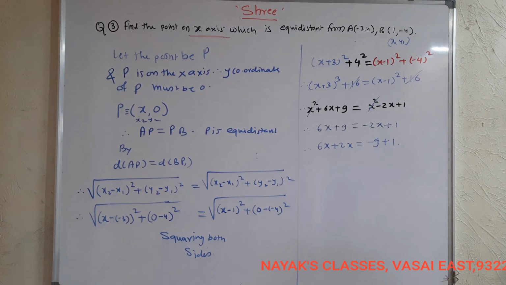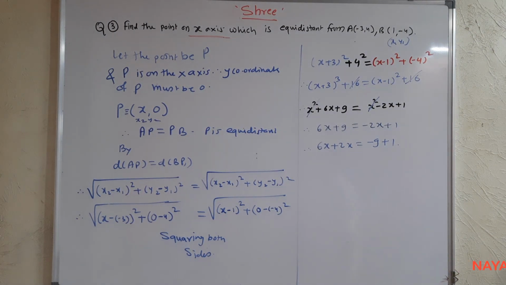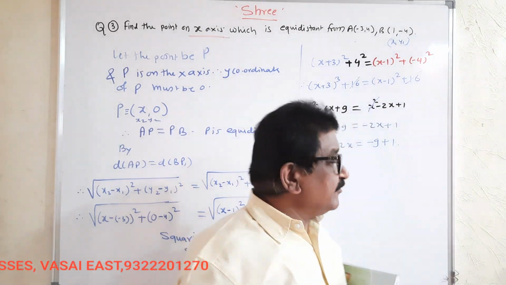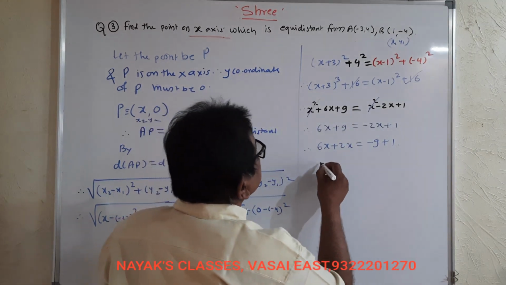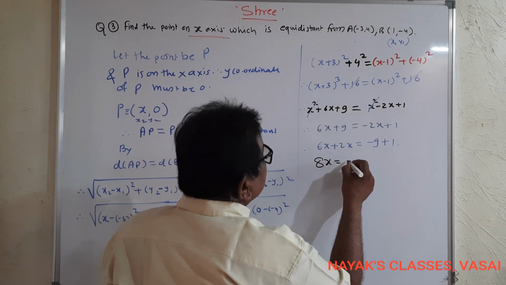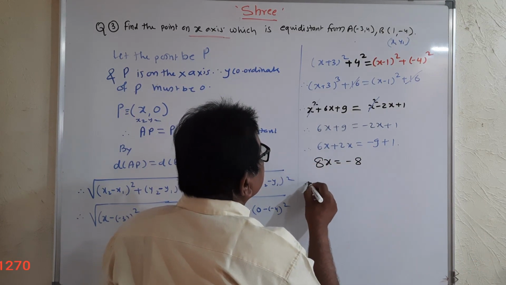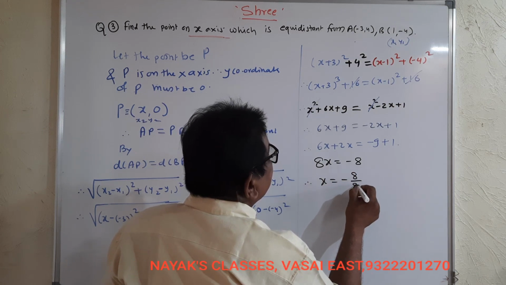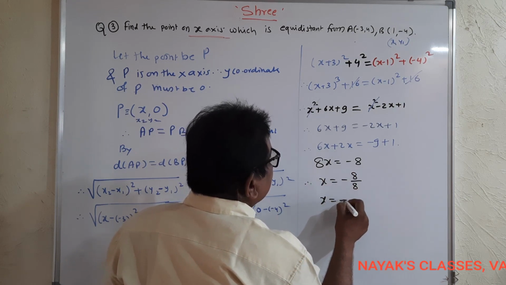So now it is very easy to calculate the value of x. 8x is equal to minus 8. Therefore x is equal to minus 8 upon 8, so x is equal to minus 1.